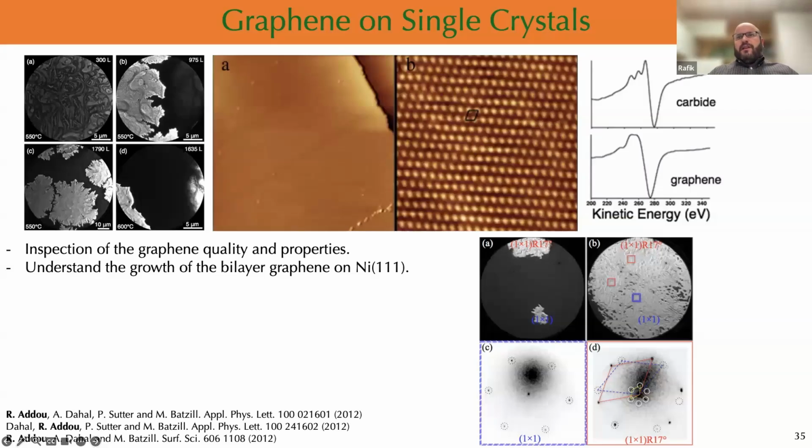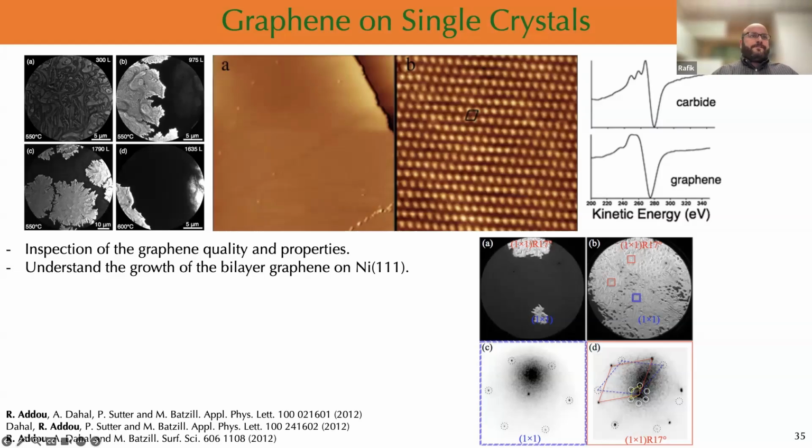We can see it here in the LEED. We have 6 spots for the first layer, and since the second layer is rotated with respect to the first, we have another 6 spots in the diffraction pattern, showing the symmetry of the second layer of graphene.